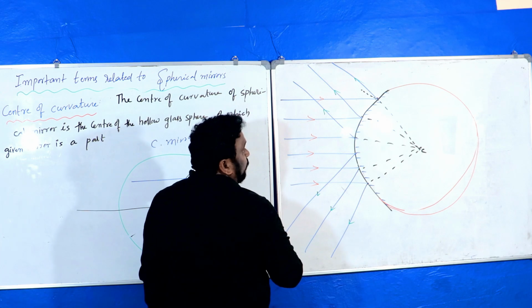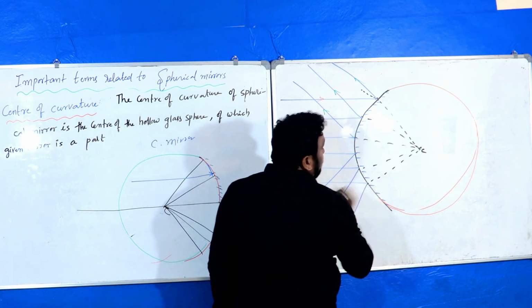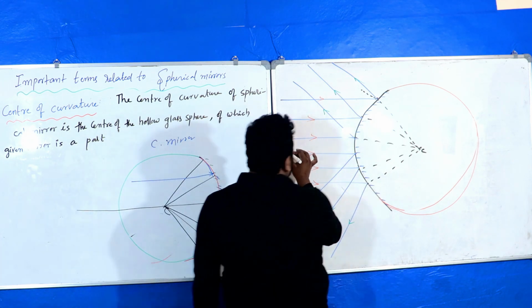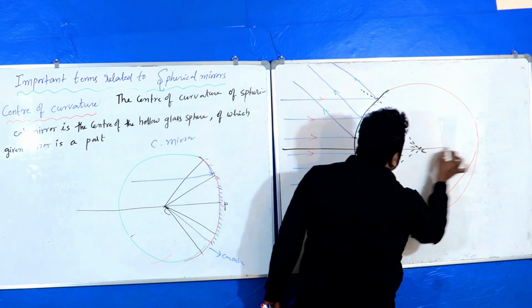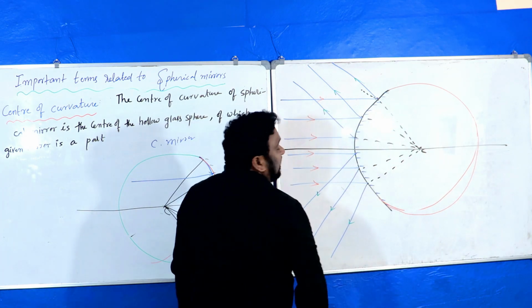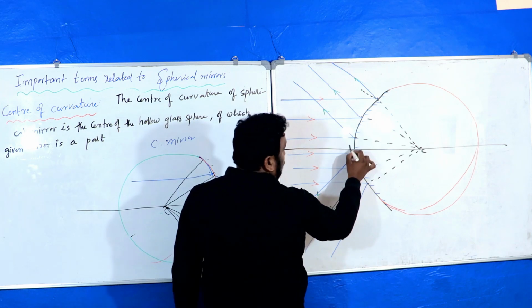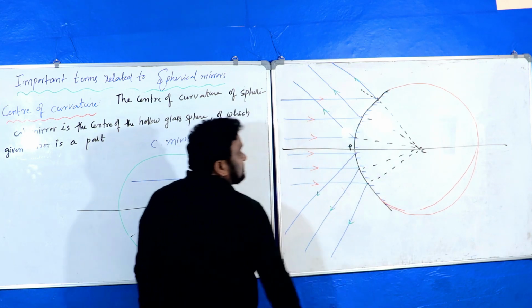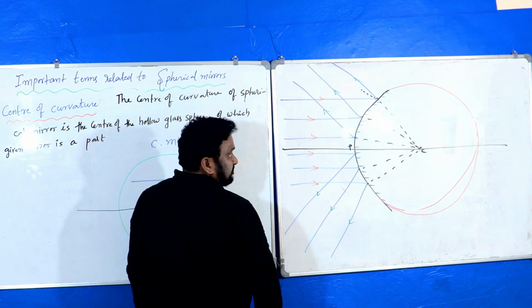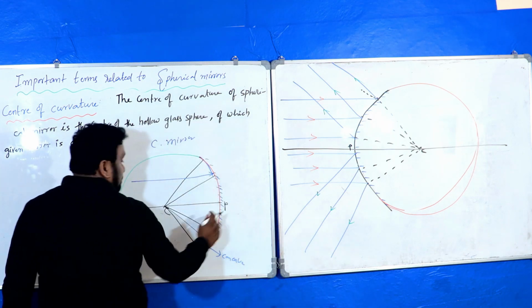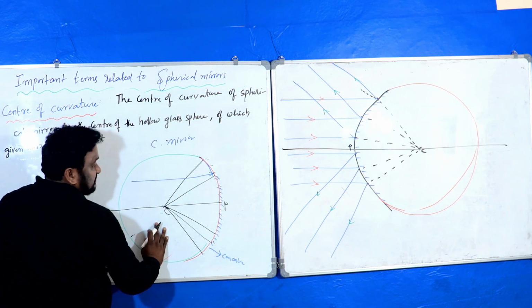That is what we call the center of curvature. As usual, this is the principal axis. This is the pole and this is the center of curvature.